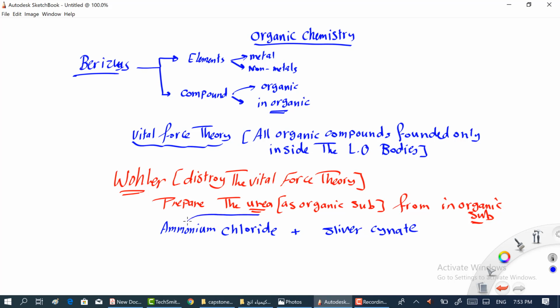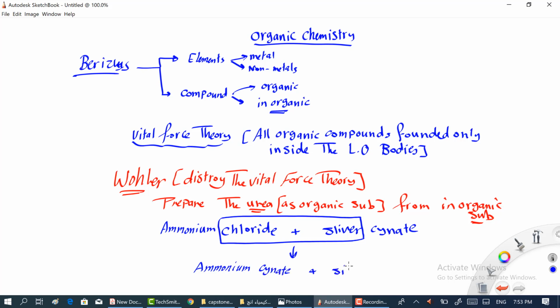Ammonium takes cyanate, silver takes chloride. By another way, silver attaches with the chloride. So we'll find the products will be ammonium cyanate plus silver chloride.